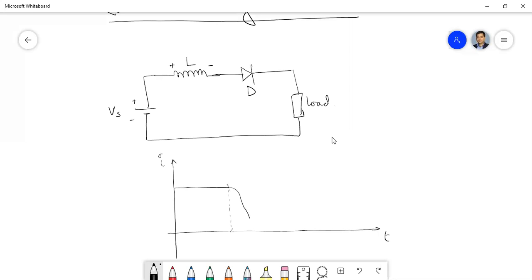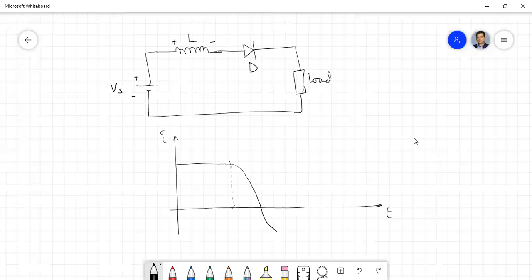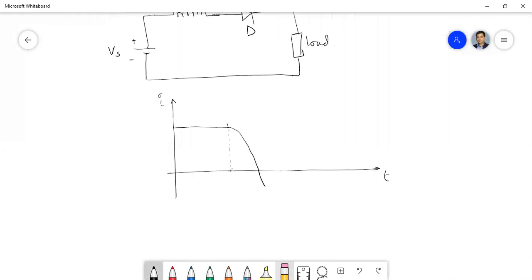The current will fall. Current will fall like this, then it will go like this.